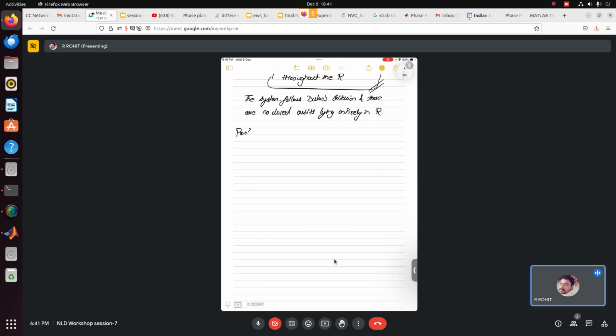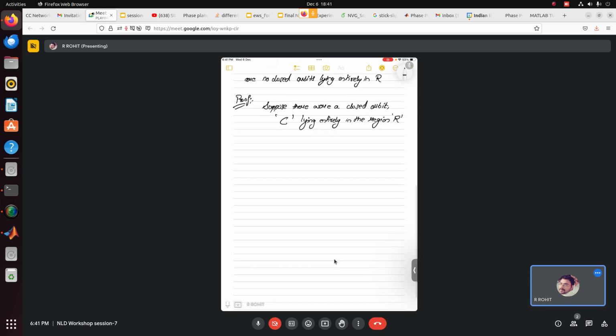Initially we consider that suppose there were a closed orbit C lying entirely in the region R. As we have done previously, if we are able to contradict this condition, then we can say that there cannot exist any closed orbits in the system.